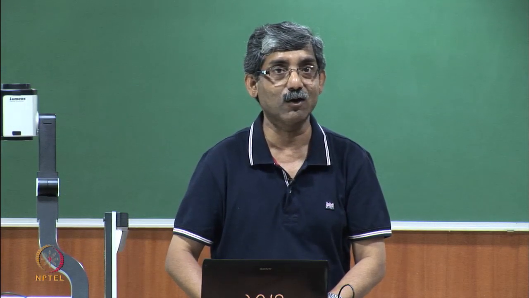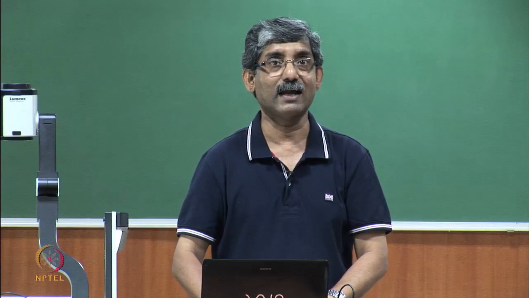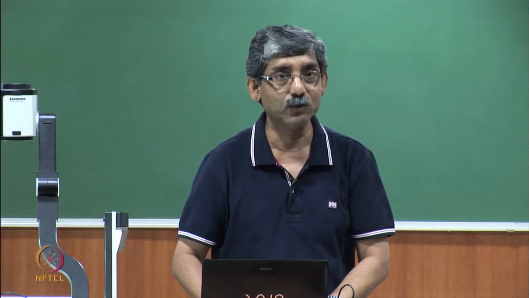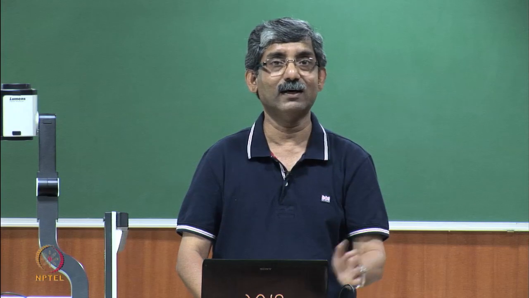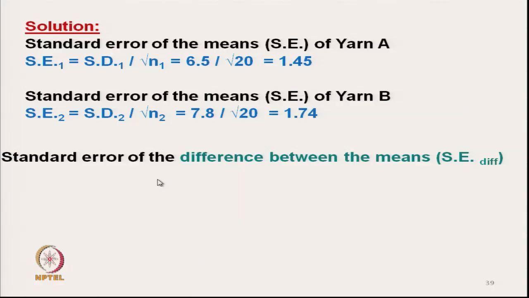So, from standard error SE1 and SE2, we can calculate the standard error of the difference between means, which is known as SE difference. And we use a simple standard formula.